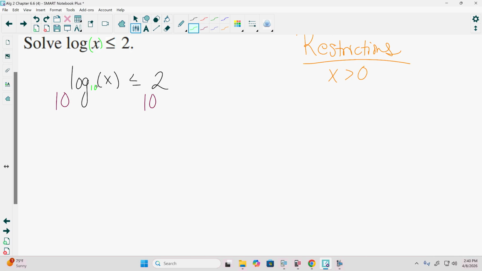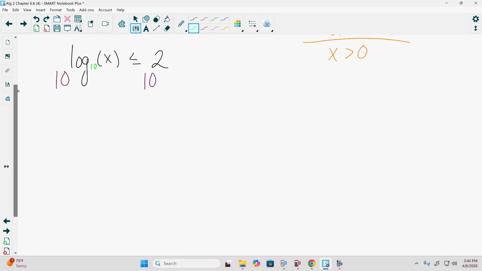So we have put both sides to the base 10, because 10 to the log base 10 would cancel, leaving us with what's inside. Now we could at this point say that x is less than or equal to 10 squared. Is 10 squared a nice number? What is 10 squared?